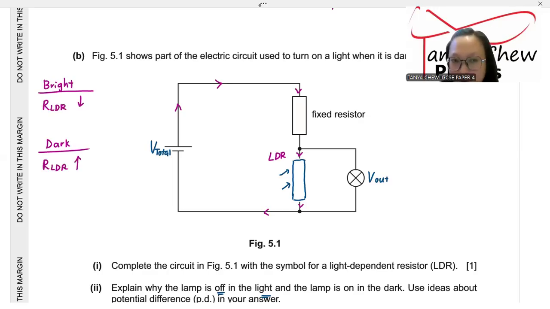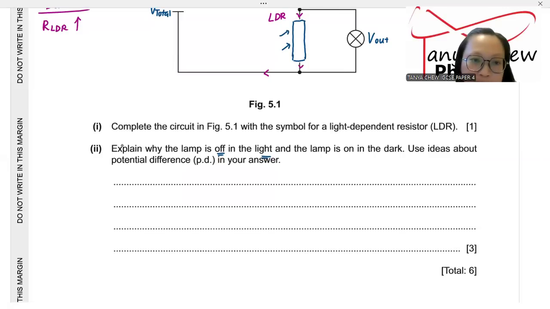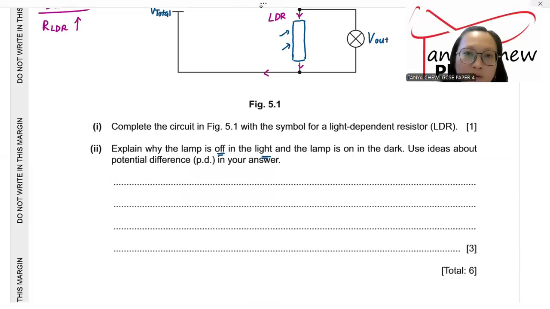So I am going to use Ohm's law here, but I am not going to compare the current because the current that flows through the fixed resistor is the same amount of current that is flowing through the LDR. Right. So during bright time, let me off in the light. Okay, in the light, I just follow the question, in the light.